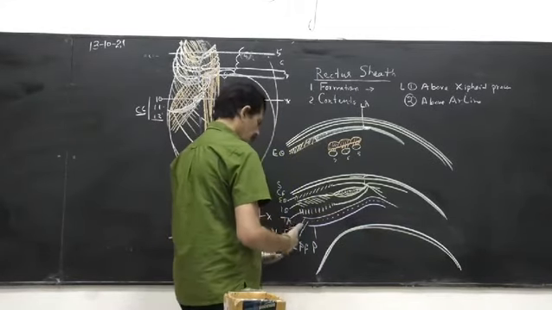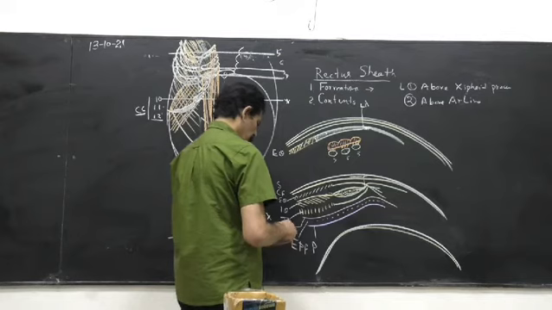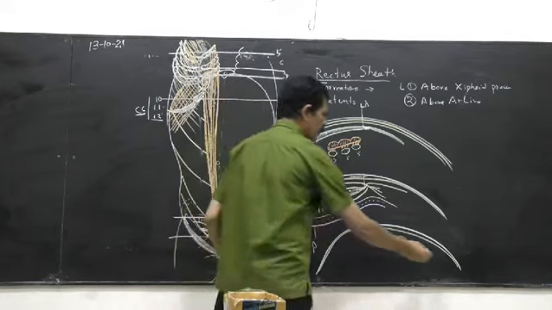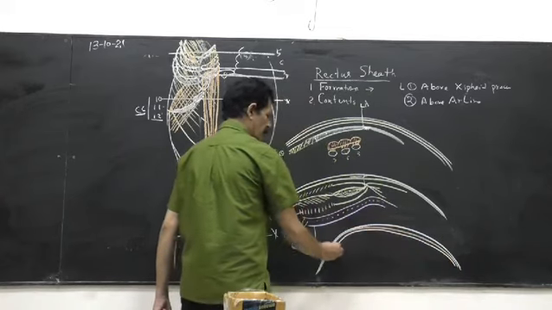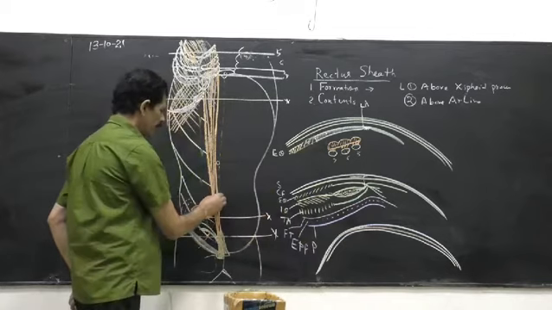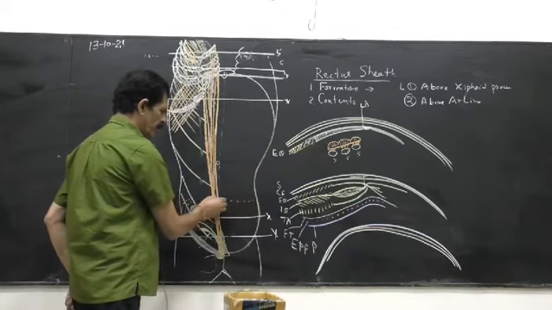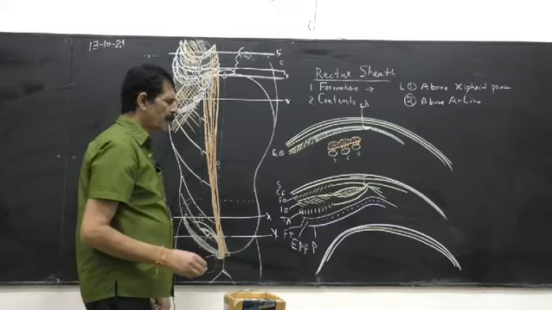Then below the umbilicus, at this level, lies Scarpa's fascia also. Scarpa's fascia is only present below; it starts from somewhere here. So here this Scarpa's fascia.